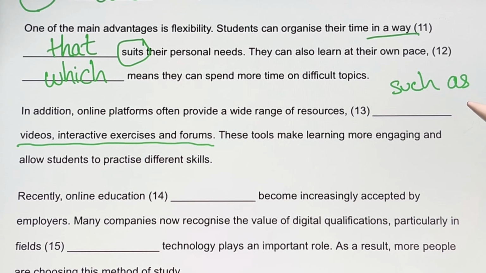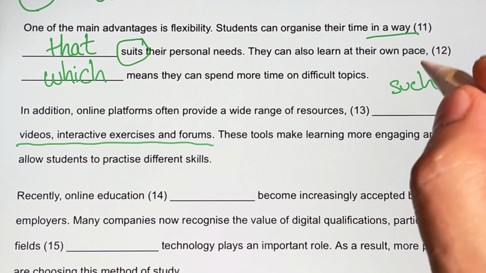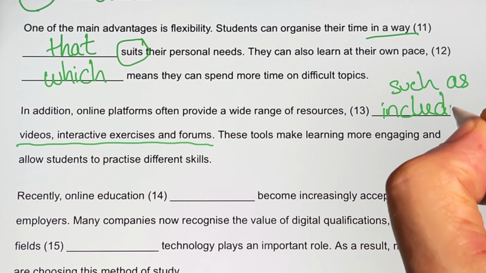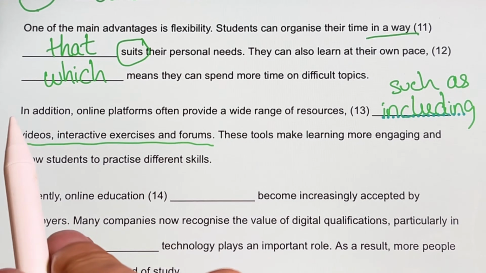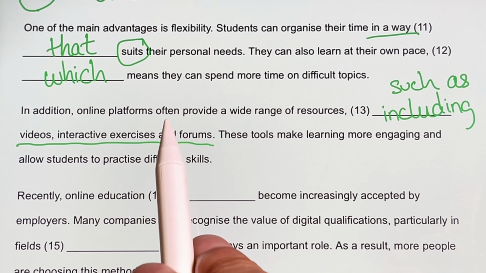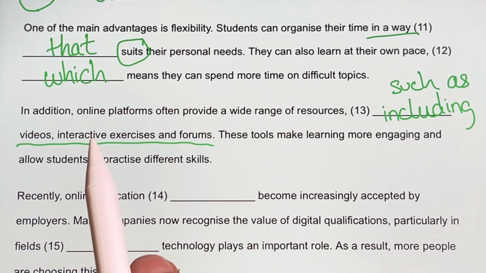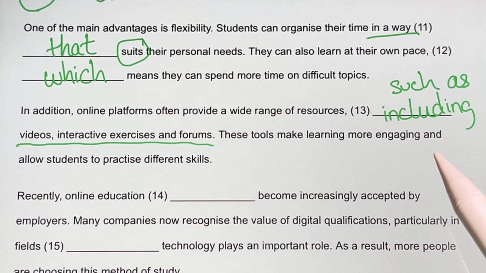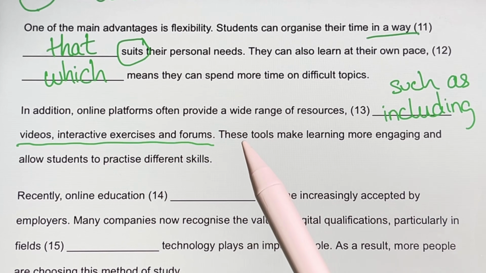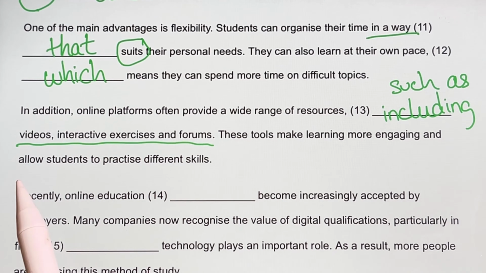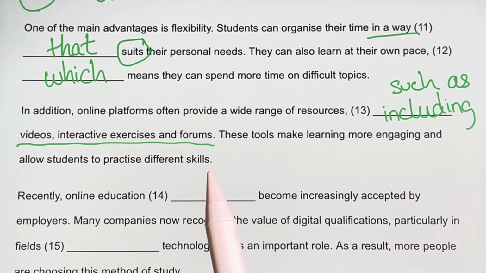You can only complete it with one word. So in this one, I would use including. Okay. In addition, online platforms often provide a wide range of resources, including videos, interactive exercises, and forums. These tools make learning more engaging and allow students to practice different skills.